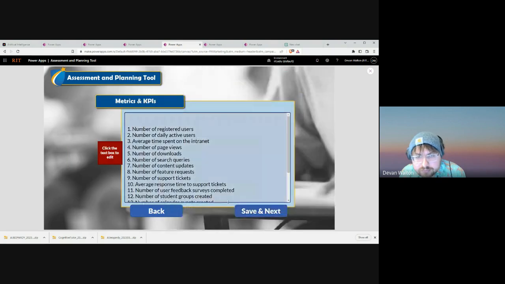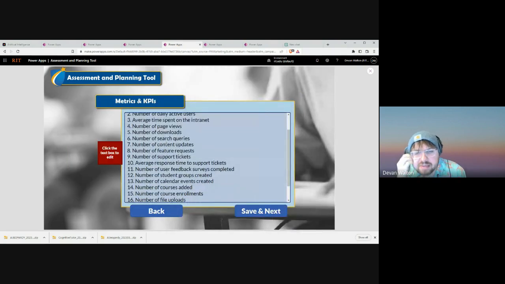Next, it gives us some metrics and KPIs for actually evaluating whether or not this initiative that we're doing is successful. Now, metrics and KPIs are usually the tricky part when administrators and staff are trying to plan out an initiative. Not a lot of people are trained to think about metrics and KPIs. You really have to be engrossed in a particular initiative for a long time to be able to identify what would be meaningful ways of evaluating success for that initiative.